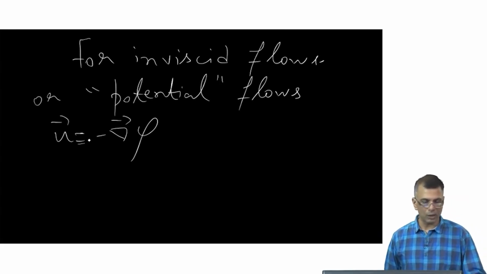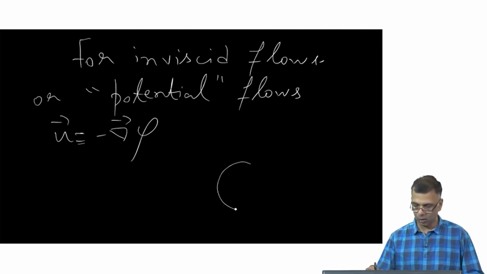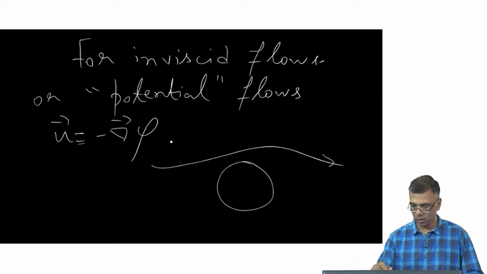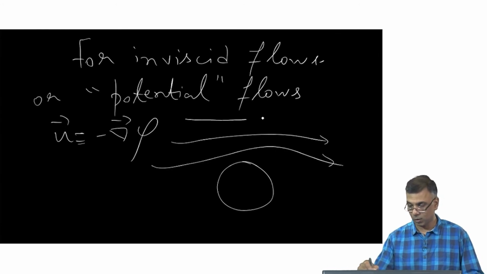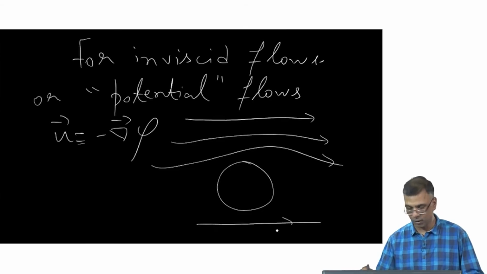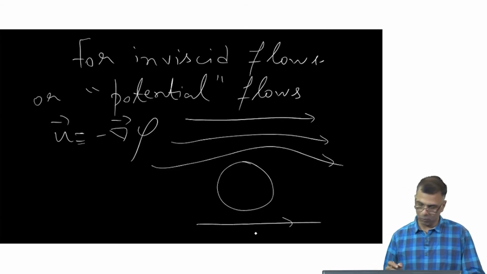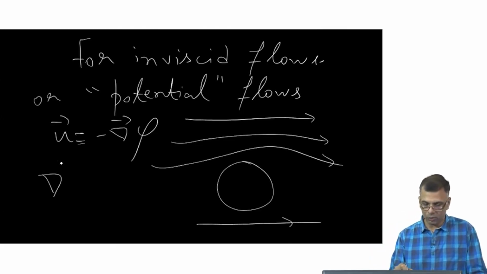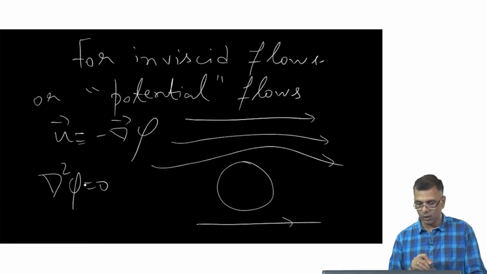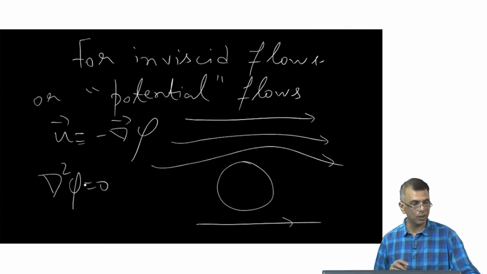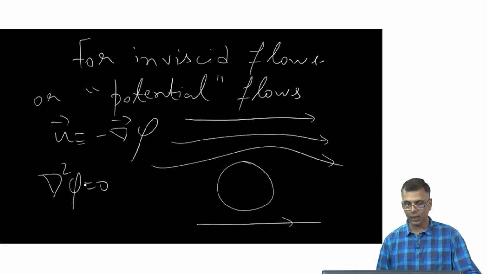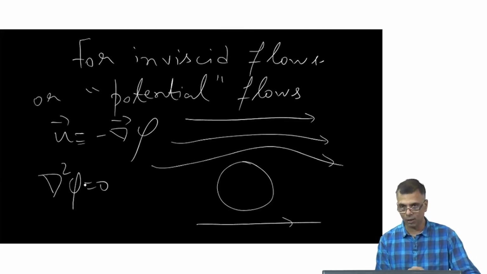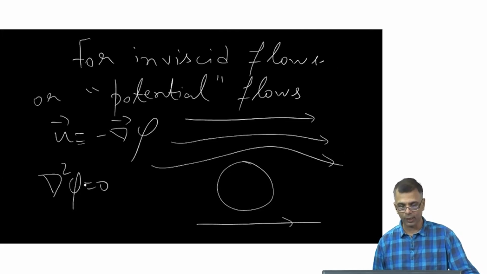This was the situation that we discussed, where we are allowing for infinite slip. So if this is so, then del square phi is equal to 0, and you recall that we wrote down the solution for phi and we applied the boundary conditions and got the particular solution for phi.